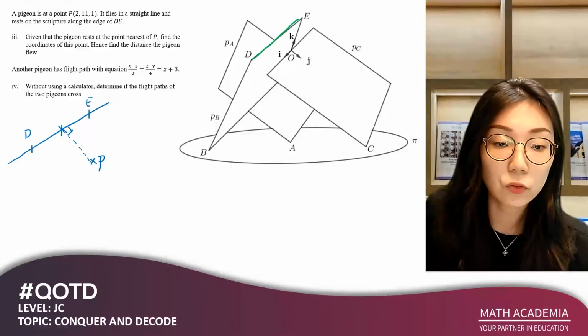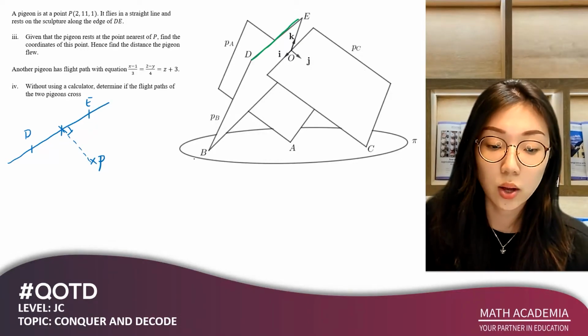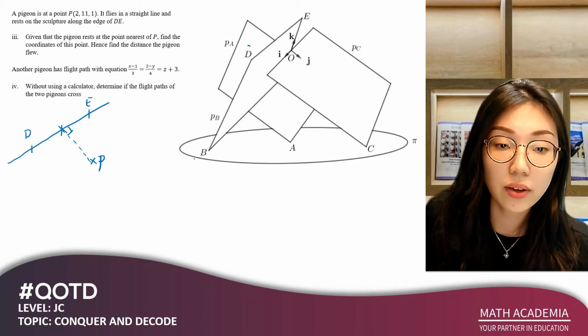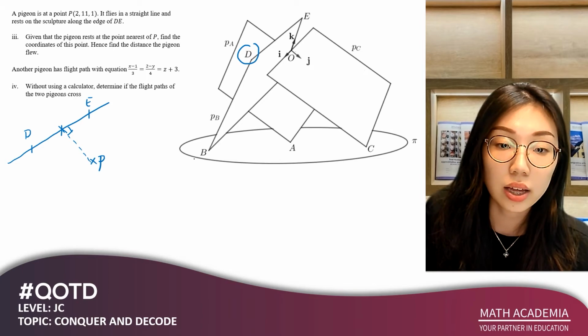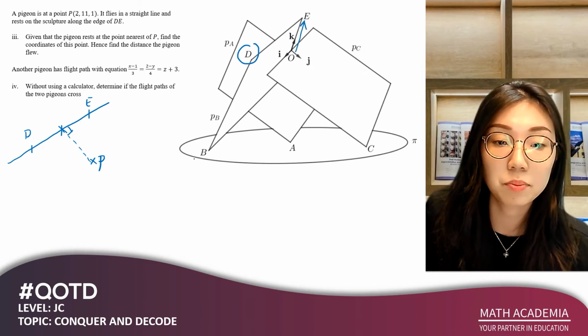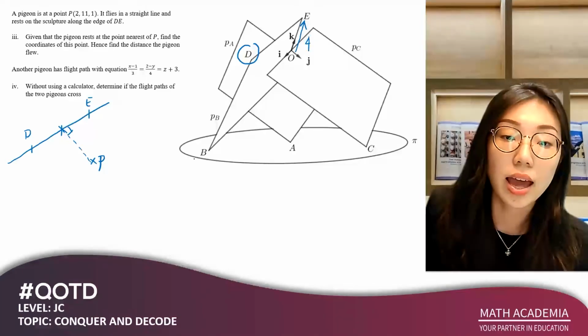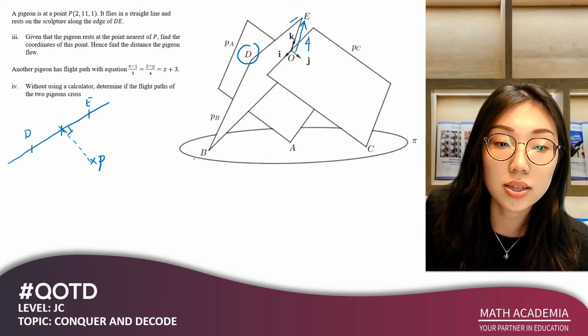So first, let's figure out the coordinates of D and E. To find the coordinates of point D, I move in the positive z-axis by 4 units, and I move in the positive x-axis by 8 units.